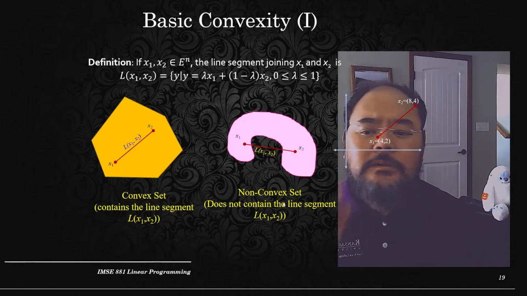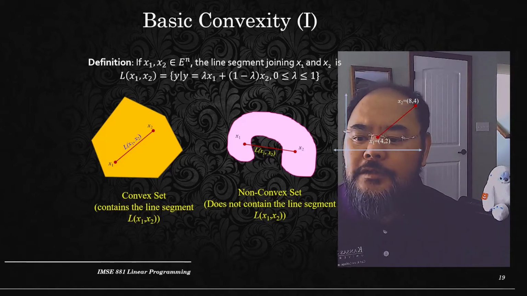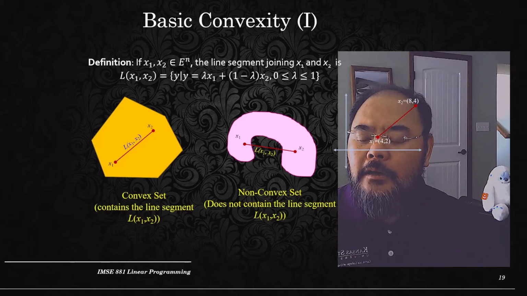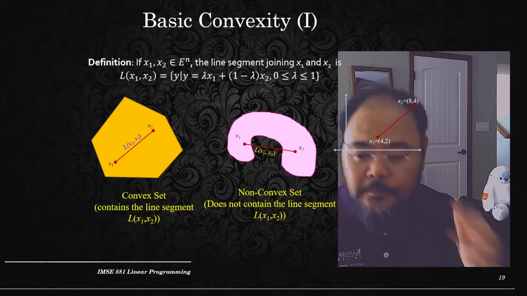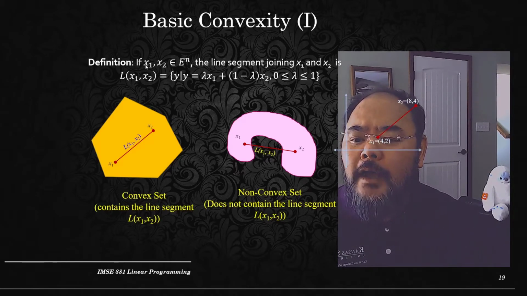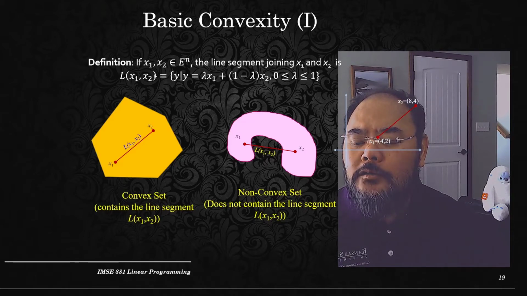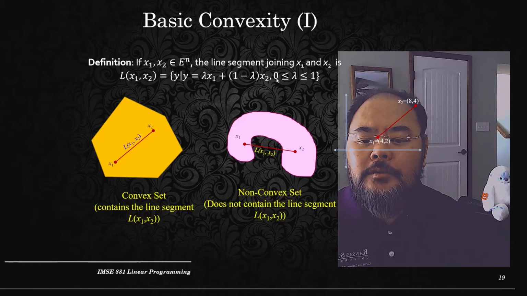Next, we'll talk about the convexity of your feasible region. Before we go into more specifics of the linear programming model, we first introduce the convexity of a set, a region. Look at this definition. If x1 and x2 belong to n-dimensional Euclidean space, the line segment joining x1 and x2, which we call L of x1 and x2, equals all the points y where y equals lambda times x1 plus 1 minus lambda times x2, and lambda is between 0 and 1.